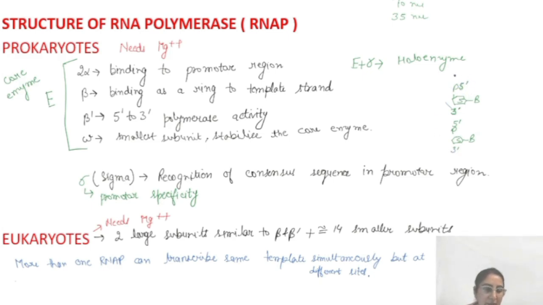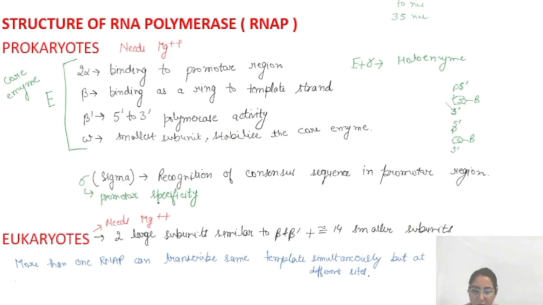On the head region, 5' will be free, and at the tail region, 3' will be free. So new molecules are always attached at the head region only, that is at the 5' region. This is known as the 5' to 3' polymerase activity. It is never the other way around. It is always from 5' to 3' only.